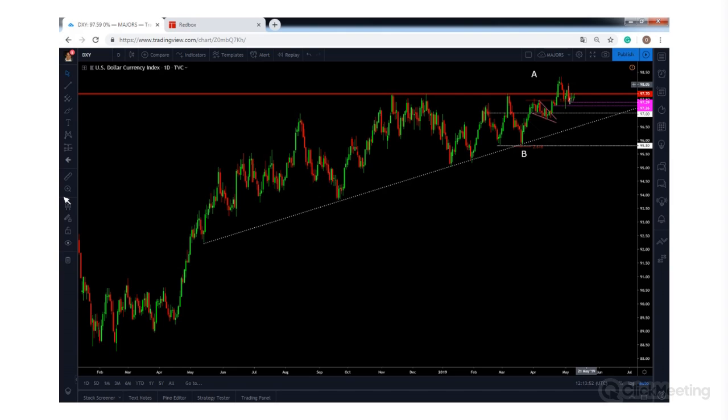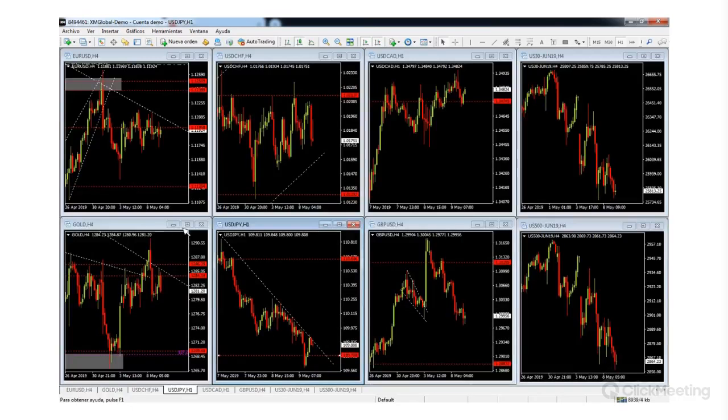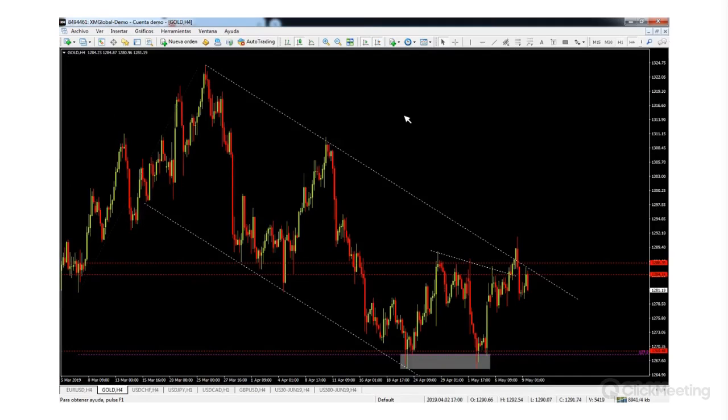Now, let's go back and have a look at gold, because gold and the US dollar are not 100%, but they are inversely correlated. If the US dollar goes up, the price of gold goes down. It's not a perfect inverse correlation, but it is an inverse correlation.